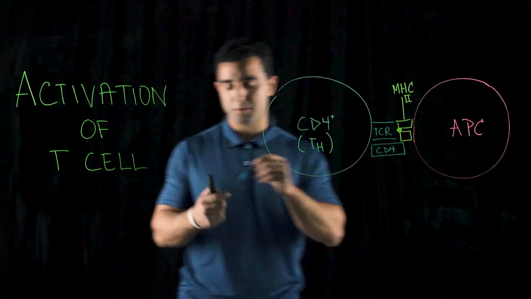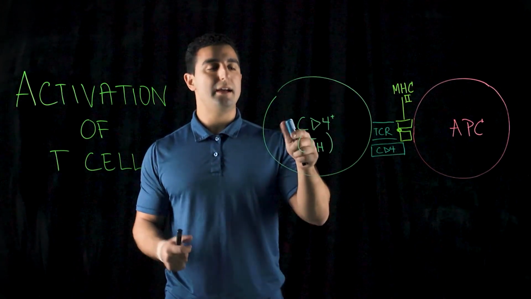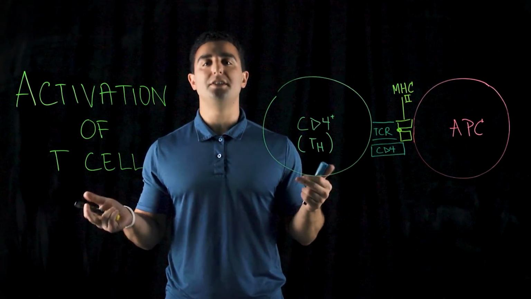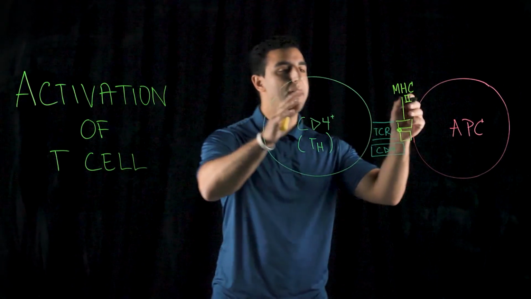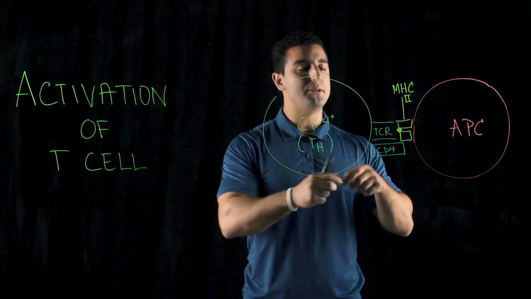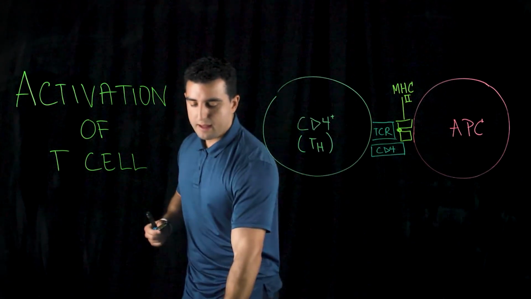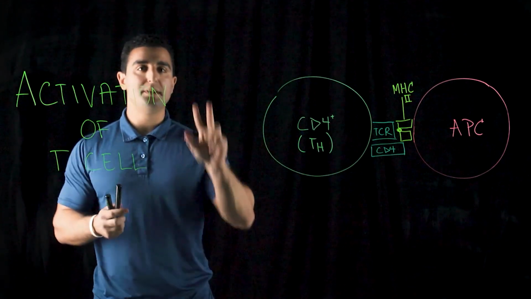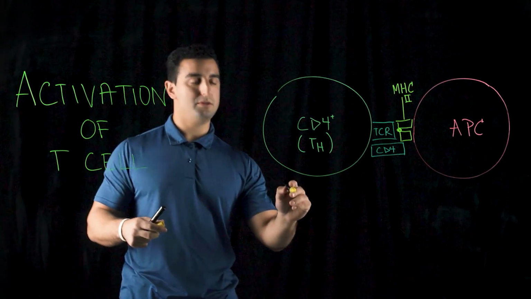So remember, CD4 stands for cluster of differentiation marker, right? And it's like a glycoprotein on top of each cell that gives the cells their identity, right? And in order to have an activation, you need to have both of these receptors bind to the MHC complex, right? And so the activation requires two specific processes. The first process, I will put it right below here.